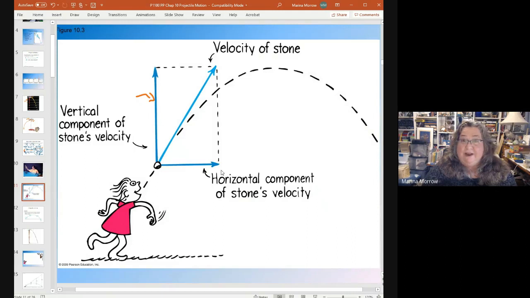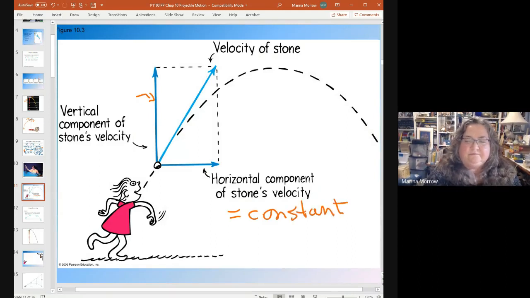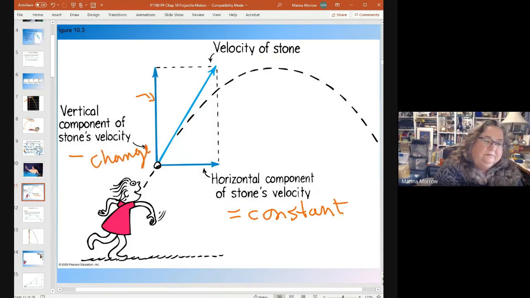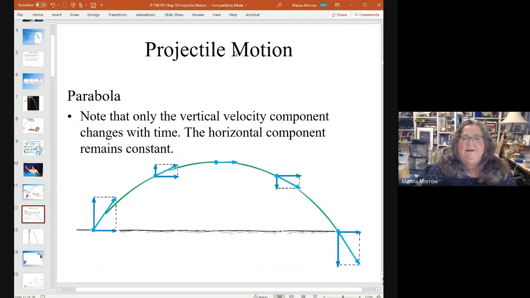In the horizontal direction, if we don't count air friction, then that horizontal velocity will be a constant. So in the vertical direction, it will get less as it goes up, and then it will start coming down and gain speed.